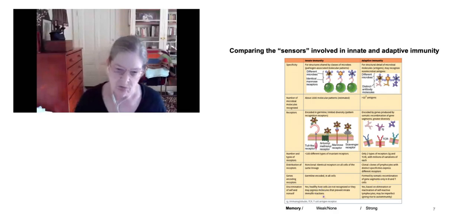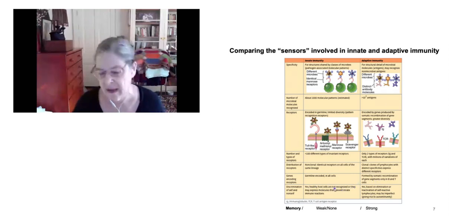And also, both systems, for different reasons, are able to recognize non-self, and to either not recognize self or, in the case of the adaptive immune system, to tolerate self.